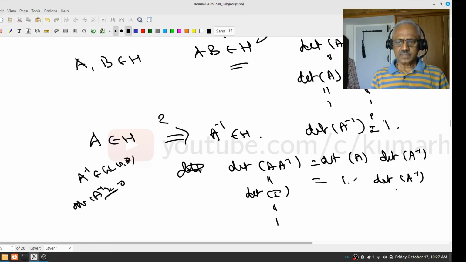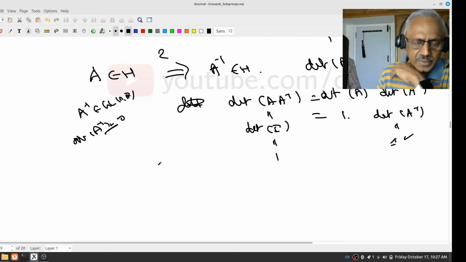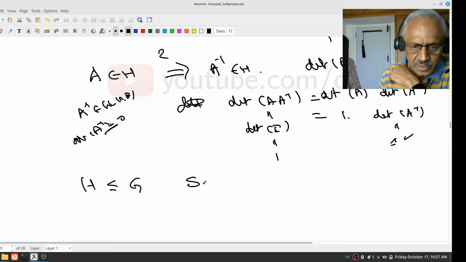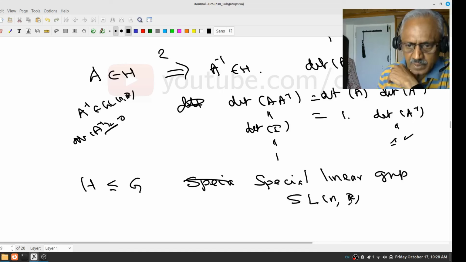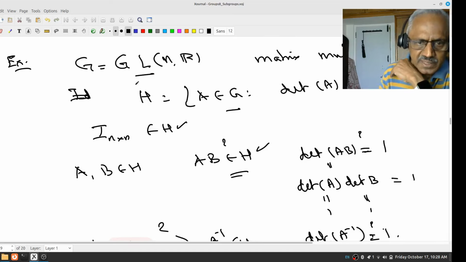That times 1 equals 1. Therefore, this must be equal to 1. So, we proved H is a subgroup. This group is known as the special linear group, SLn(R). The last one, GLn(R), is called the general linear group.